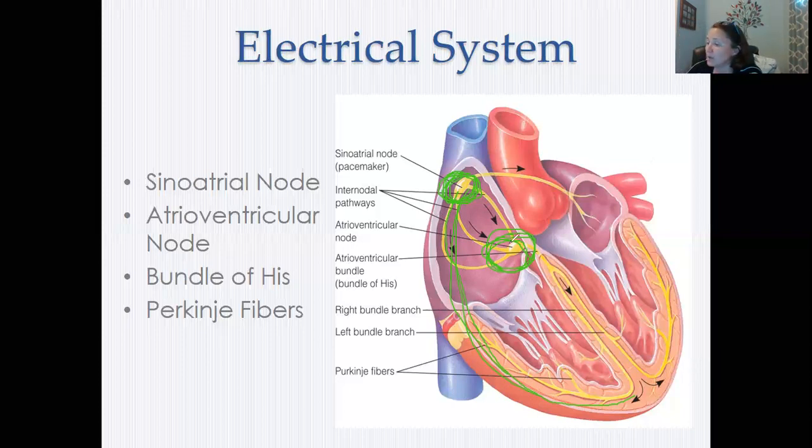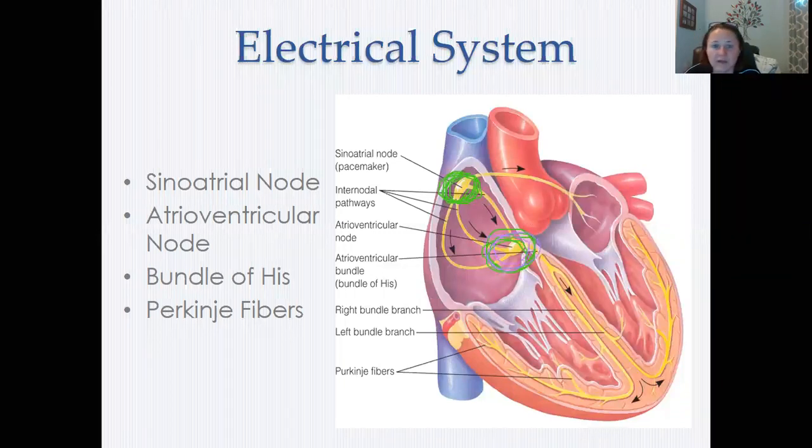So your AV node kind of collects the electricity. Let me go ahead and erase so that doesn't look confusing. Okay, and then I'm going to change colors. Let me go back to my pen. Okay, so we've got your AV node.